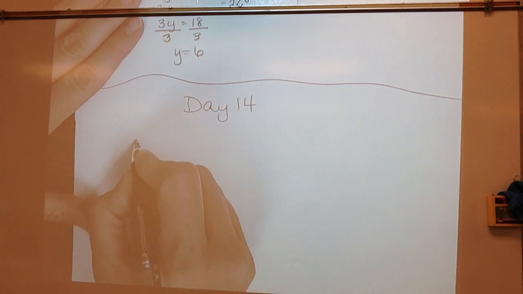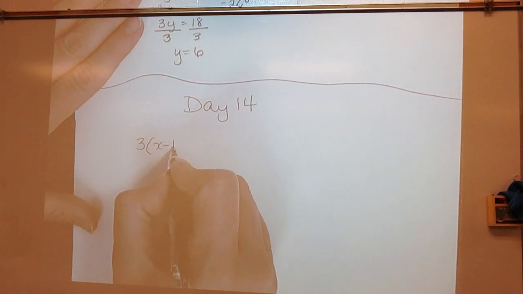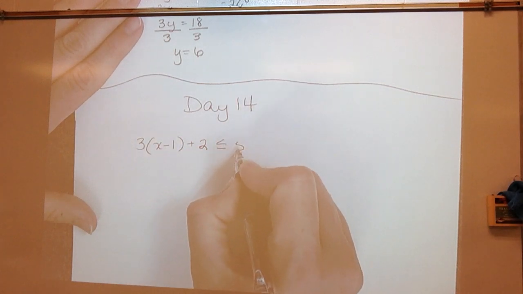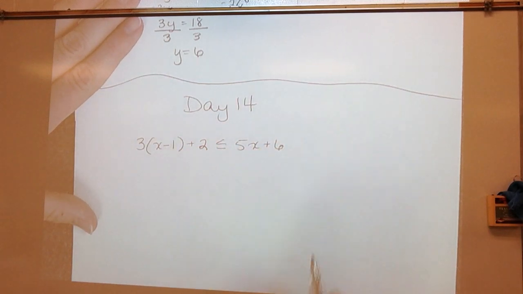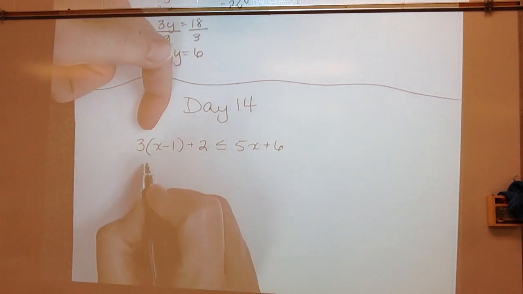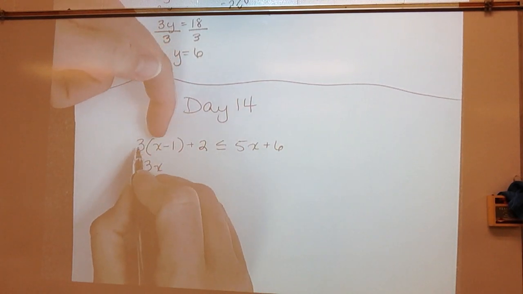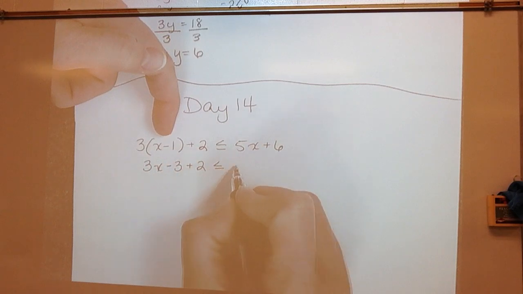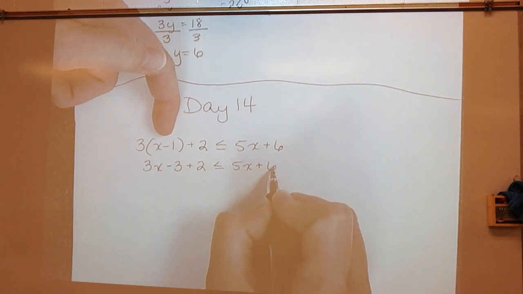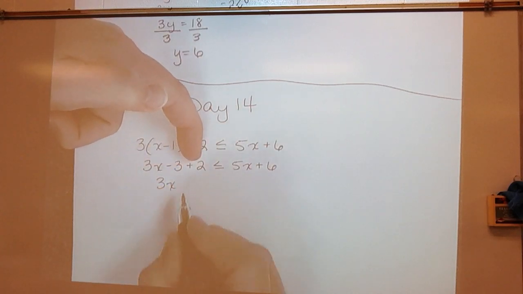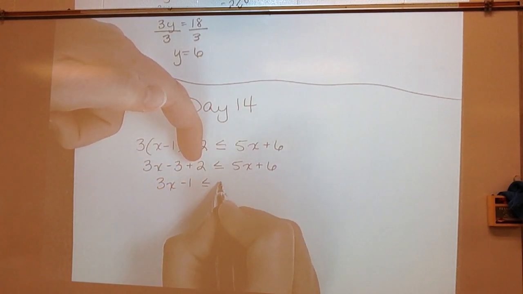All right, so I'm looking at 3 times x minus 1, plus 2, is less than or equal to 5x plus 6. All right, let's get rid of our parentheses. Multiply. 3 times x is 3x. 3 times negative 1 is negative 3. Plus 2 is less than or equal to 5x plus 6. All right, so add my like terms. I have negative 1 here.